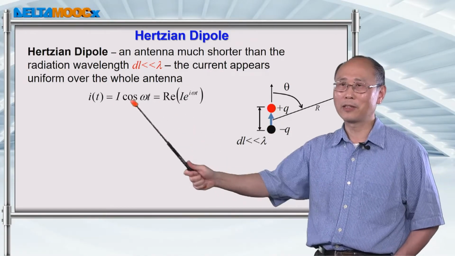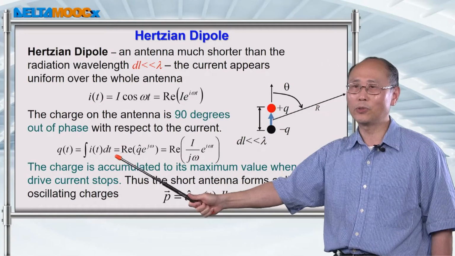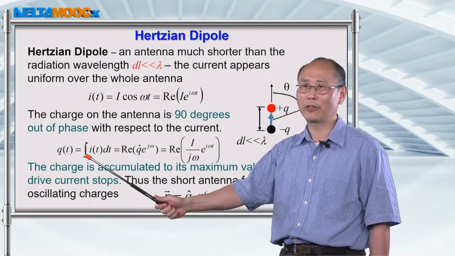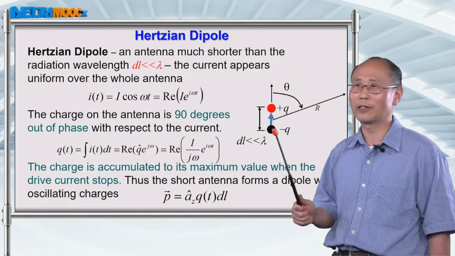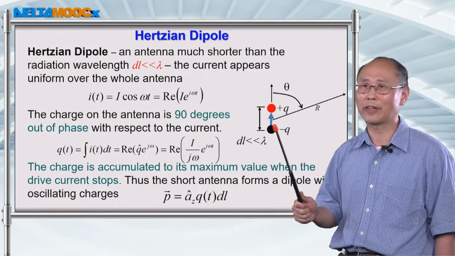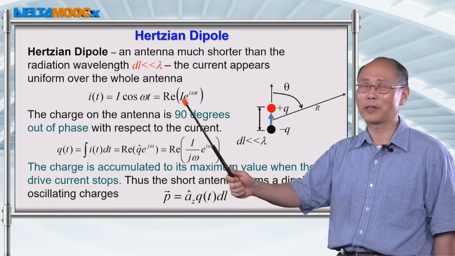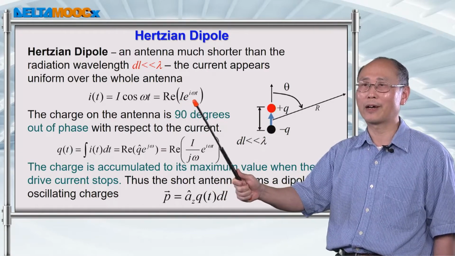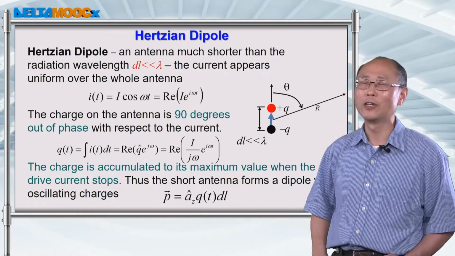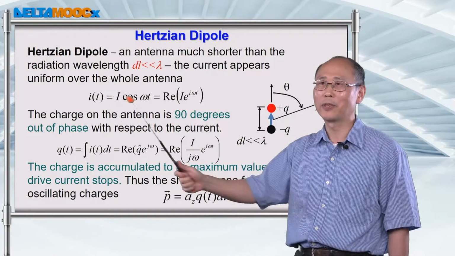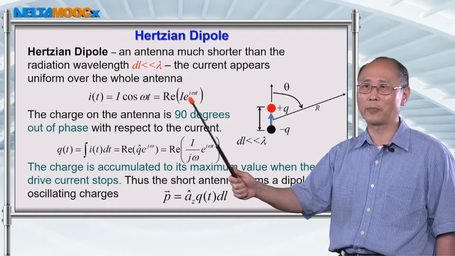And the current is the oscillating charge. So if you do an integration of the current through time, you'll be able to calculate the charge on this small piece of the current element. And we specify this problem with a harmonic variation on the charge and current. So this is a harmonic signal. So we can use a phasor expression to analyze this problem.